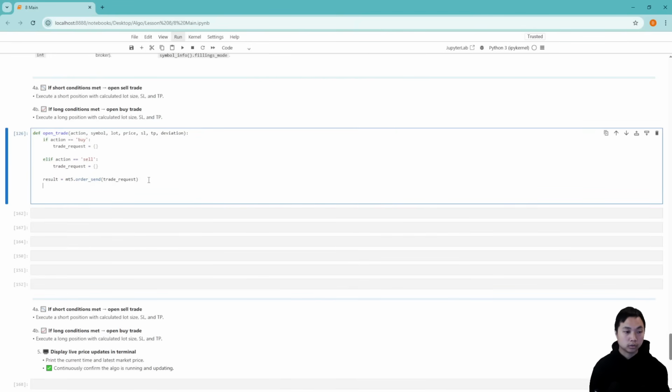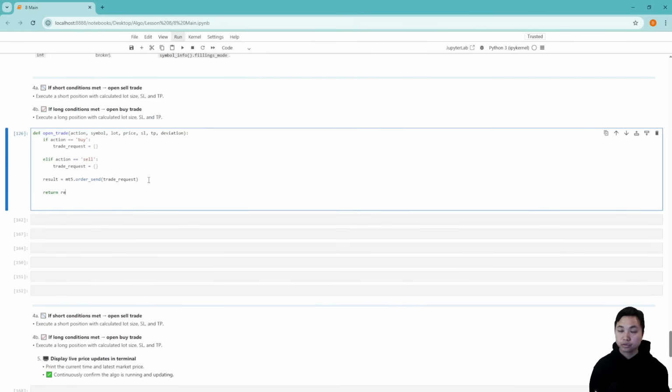And this function will return us results so that we can track whether or not our trade executed, and also the trade request in order for us to track what we passed to this order send.